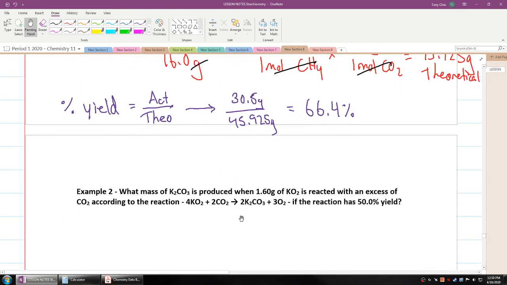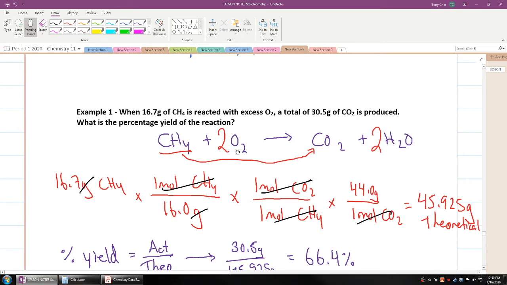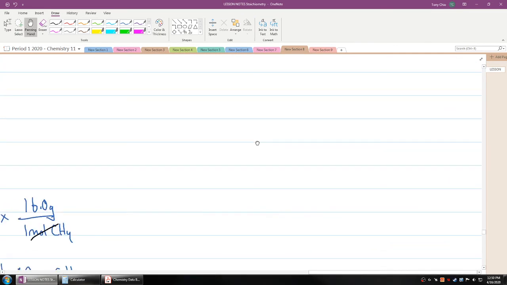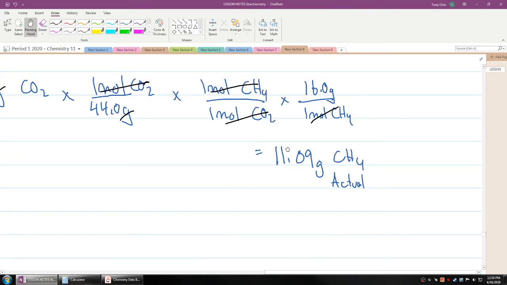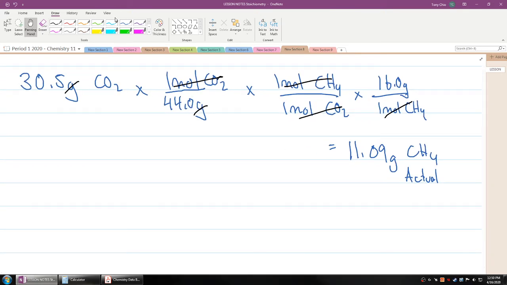So if actually we only got 11.09 grams, but theoretically we started with 16.7 grams, what is the percentage here? Well, in this case, the percentage is going to be hopefully the same. Again, percentage yield is equal to actual over theoretical.